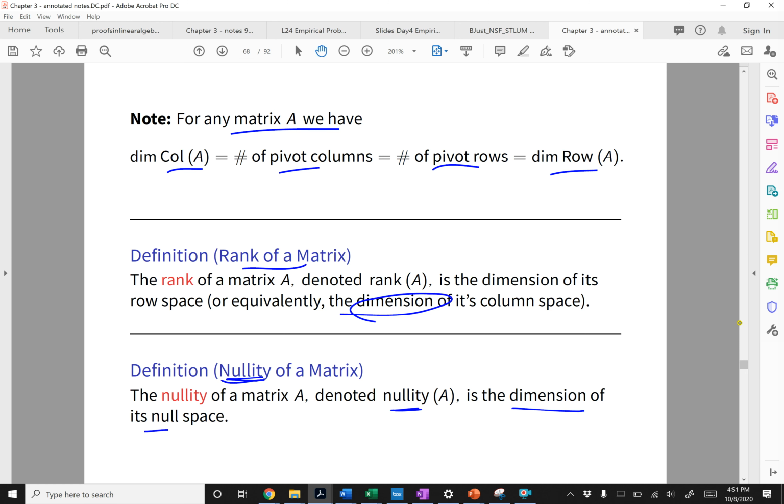So they give it a new name. And the rank of A, where A is an m by n matrix, plus the nullity of A equals n. So it equals the number of columns.